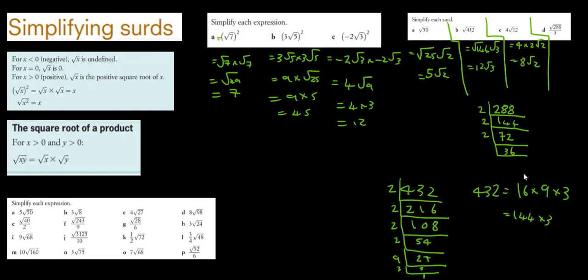This is a square number, so we've got 288 is equal to 2 times 4 times 36. 4 times 36 must also be a square number, which is 144. So 2 times 144. Okay, so we've got the root of 2 times the root of 144 all over 3. So this is 12 root 2 over 3, which just gives 4 root 2.